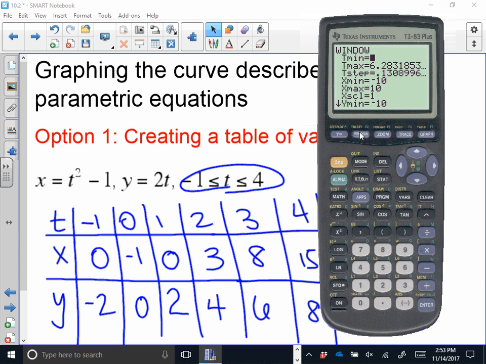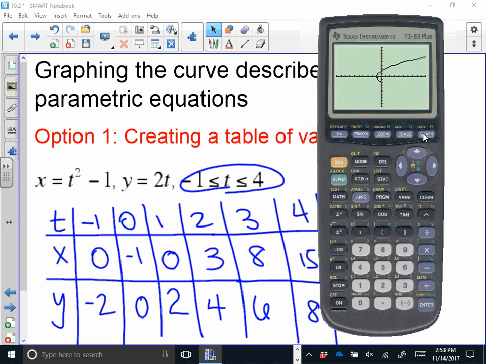So we can change that. If we wanted this right here, we can change T min to -1 and T max to 4. And then it would graph the portion that we graphed right here on the board. So we just have to set the domain of our thing to that.